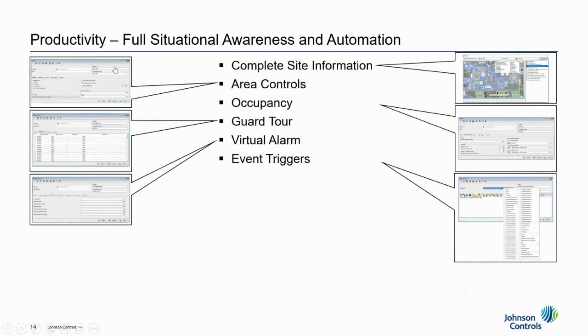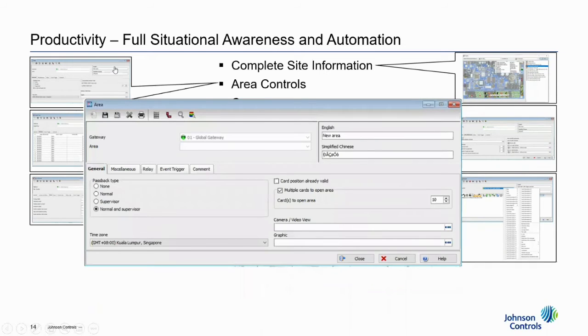Then we're also able to manage the error. We're able to control the error, such as, for example, a minimum head count in order to enter a sensitive area, perhaps a laboratory.